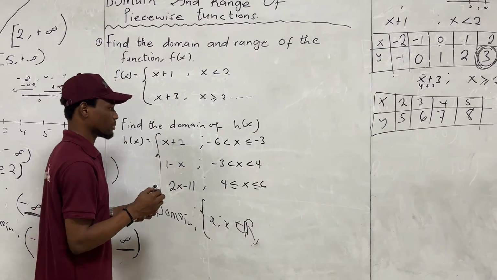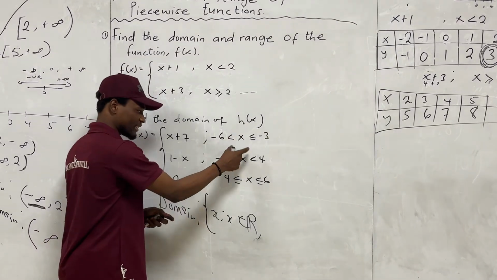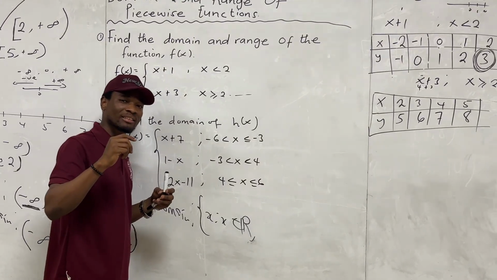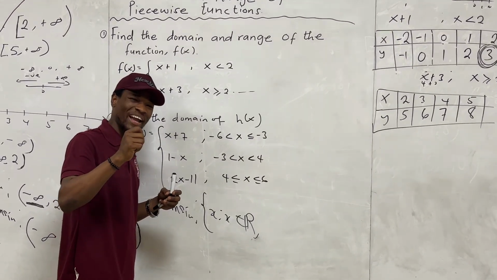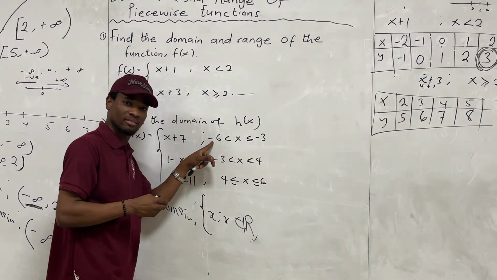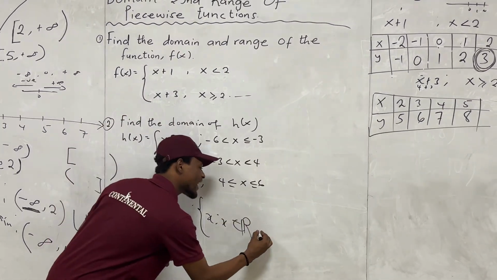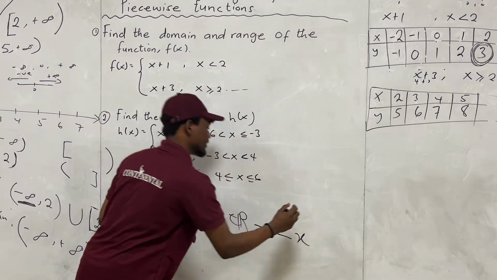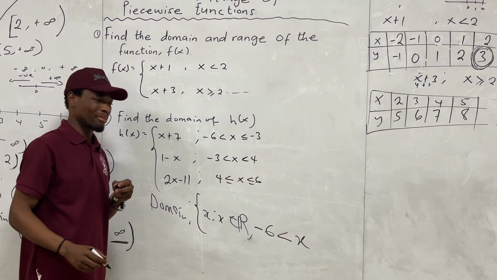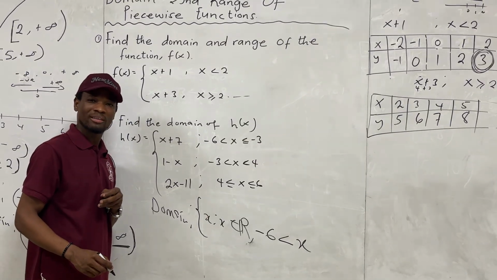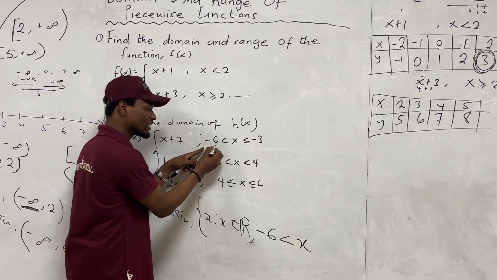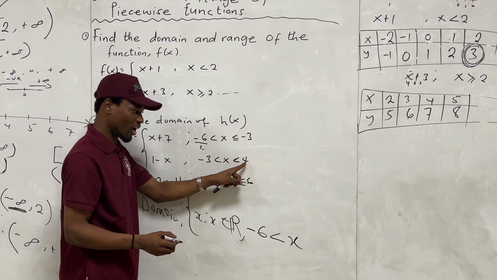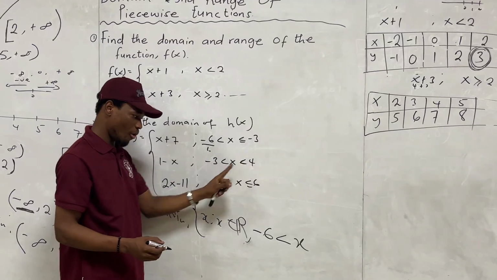considering this and that, which one has the least value for x? It's -6. So it will be -6 less than x. Then what is the highest value for x? Look at the positive values. You have 4 and 6.